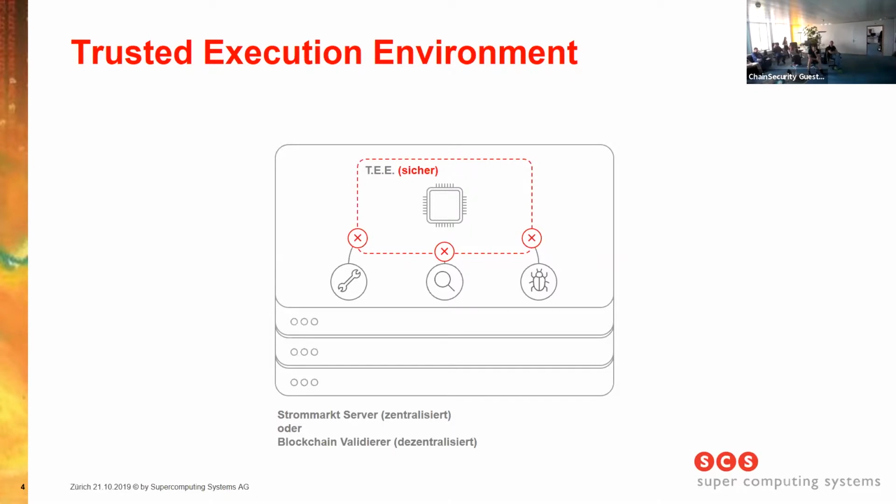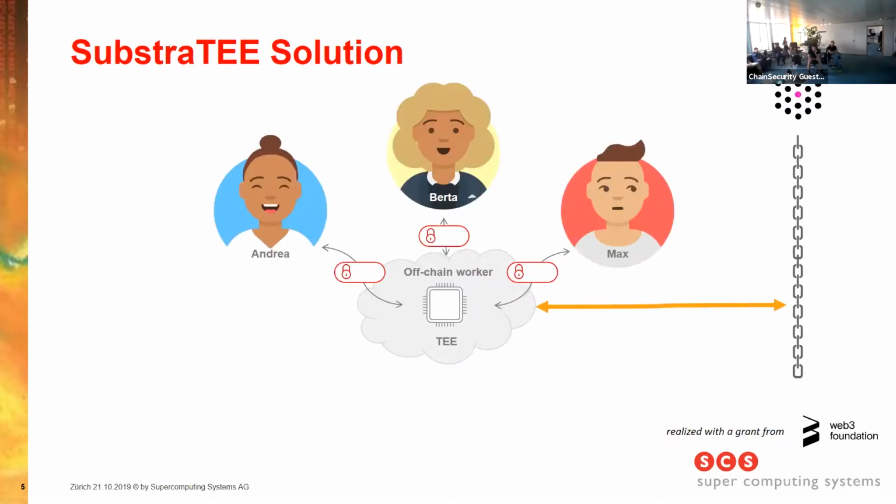Let me first tell you what the idea is. We have a blockchain. It's a Web3 project, so it's a substrate blockchain. And we implemented an off-chain worker. The idea is that you invoke your call by means of a transaction on-chain, but the transaction is actually executed off-chain.